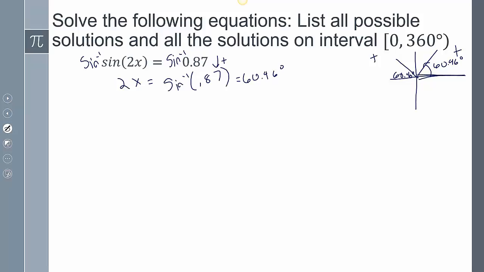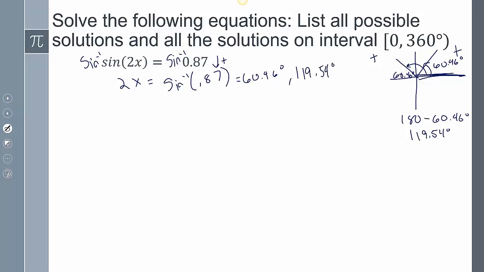And so the full rotation here, from here all the way to here, to find that I'm going to have to do 180 degrees minus 60.46 degrees. And so entering that into our calculator, I'm going to get 119.54 degrees.